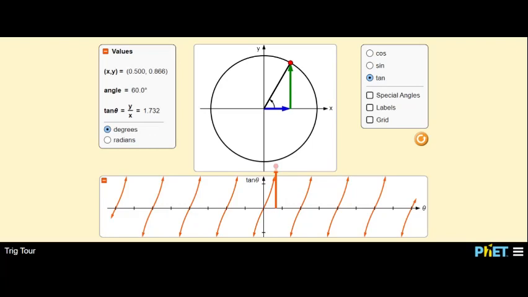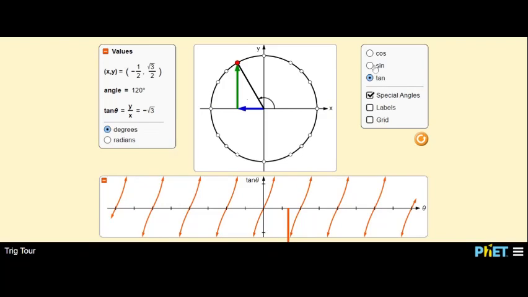So now let us see in the second quadrant. Let me try for 120. So if you click on the special angles, it will also display the special angles here. See, for tan 120 degrees, the value is minus root 3.